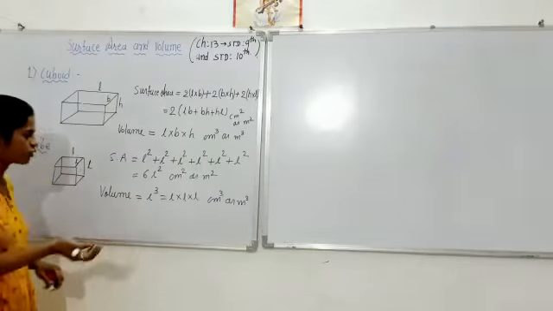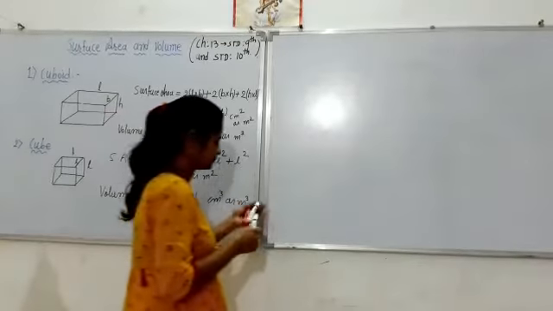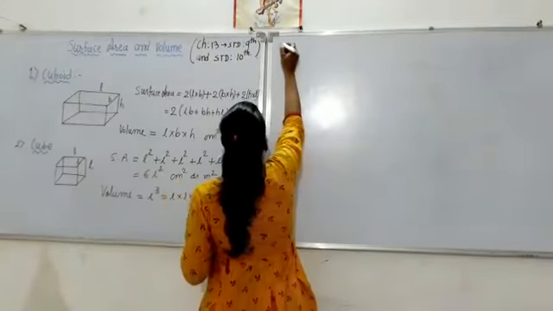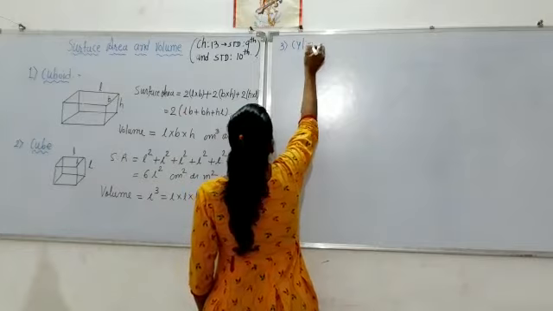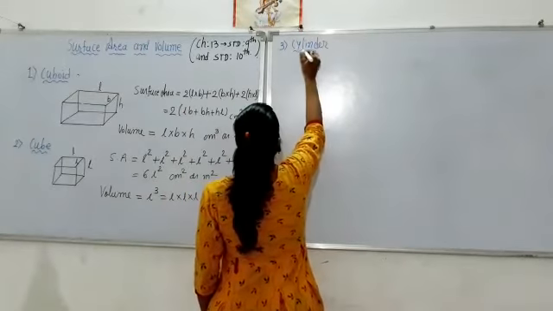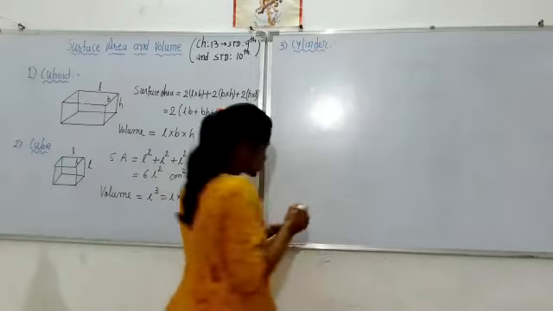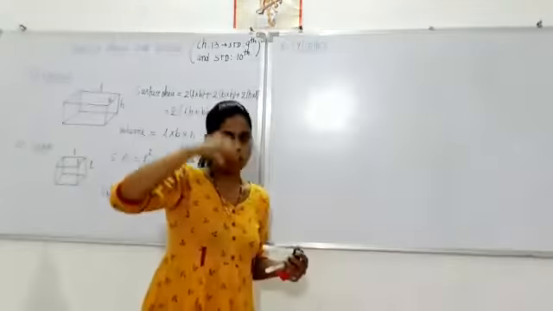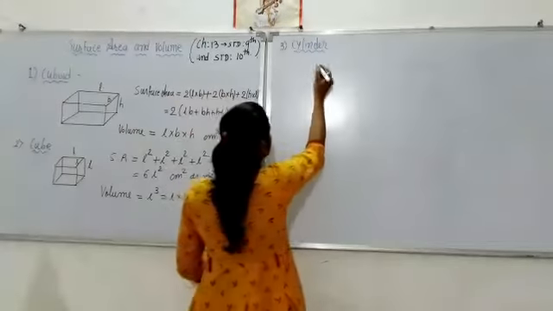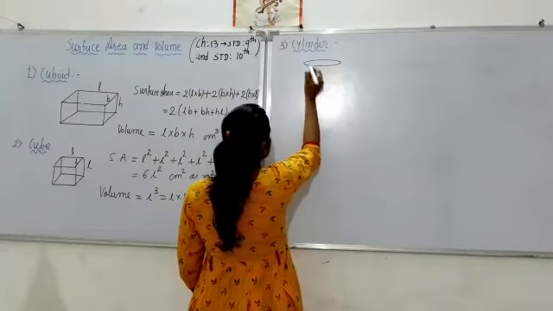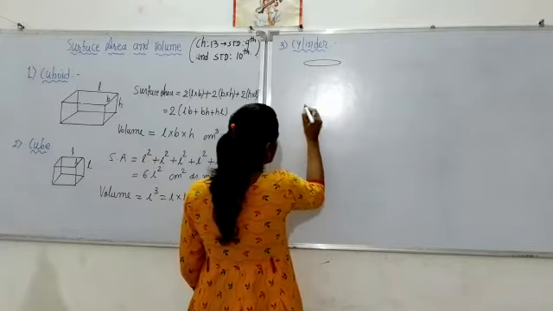Now your third shape is the cylinder. A cylinder is a stack of circles. That means the cylinder shape looks like this. This is a circle, this is a circle, and so on.